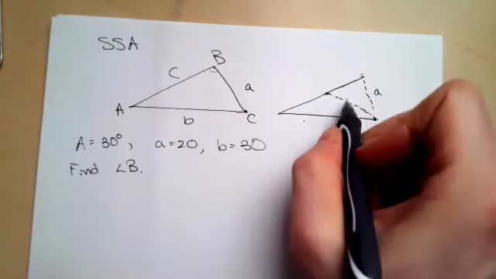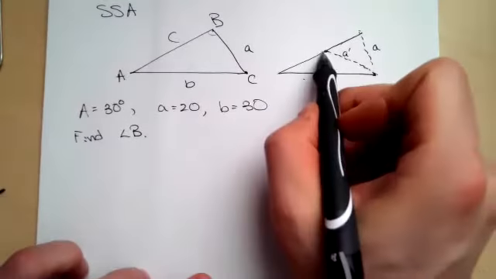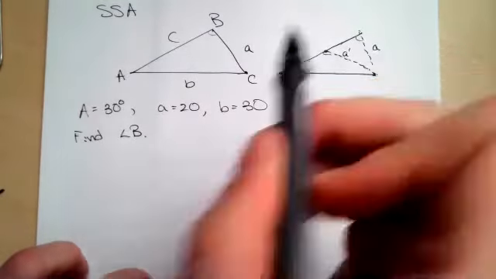So this could be A, or this could be A, which is going to change how big angle B is.